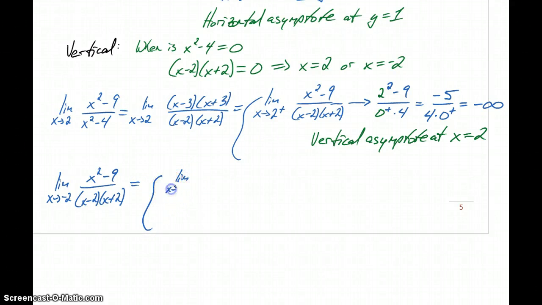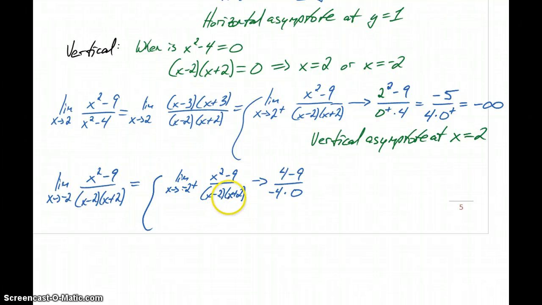So we would consider the limit as x approaches negative 2 from the right-hand side of x squared minus 9 over x minus 2 times x plus 2, which again isn't equal to but is approaching 4 minus 9 over, if we plug in negative 2, we get negative 2 minus 2, which is negative 4, times negative 2 plus 2, which is going to be 0.